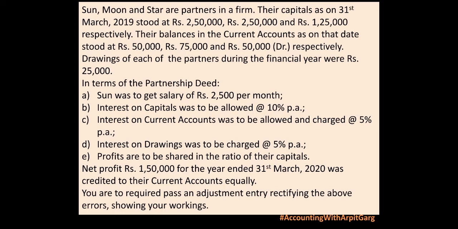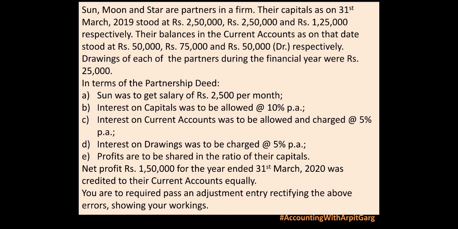Interest on capital was to be allowed at the rate 10% per annum. Interest on current account was to be allowed and charged at the rate 5% per annum. Interest on drawings was to be charged at the rate 5% per annum. Profits are to be shared in the ratio of their capitals.